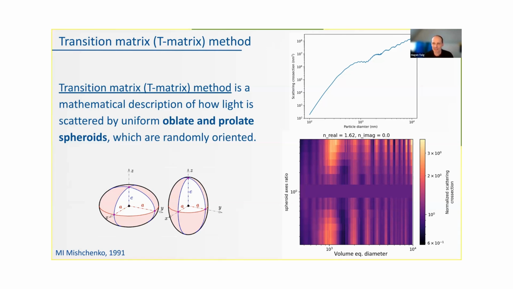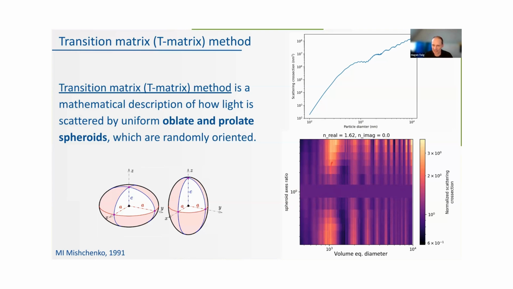On the right, I'm showing again the Mie curve here on the top. And then on the bottom, I'm showing the result from the T-matrix calculations. These results are now normalized to the results for the sphere. So basically, I normalize this by a curve that looks identical to this. Therefore, at 1, this is the spheroid axis ratio at 1, where we have spherical particles, and everything is 1. Everything around it is the deviation from that.